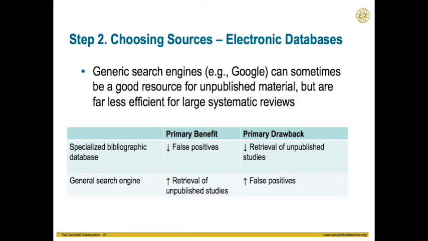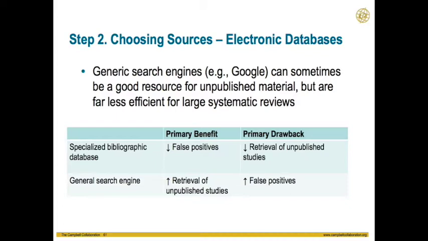Now, some people ask about generic search engines, so not Google Scholar, but just Google, or Bing, other search engines that people might use. While very useful for everyday, trying to find stuff, they're really not made for conducting systematic reviews, because you get a huge number of hits and most of those are going to be false positives.